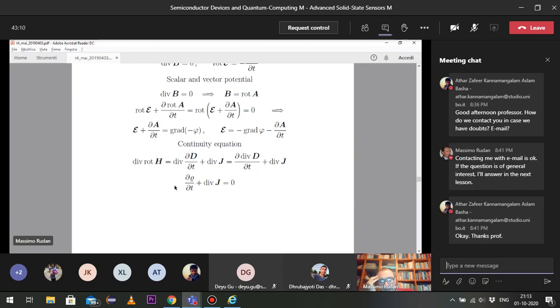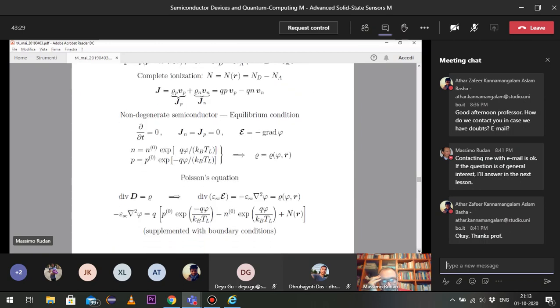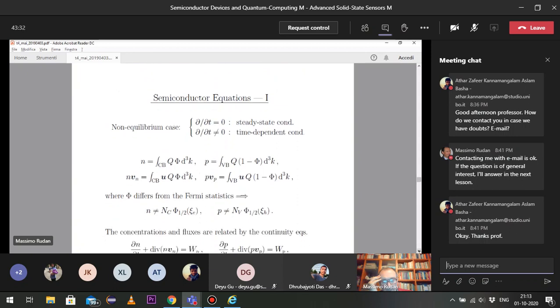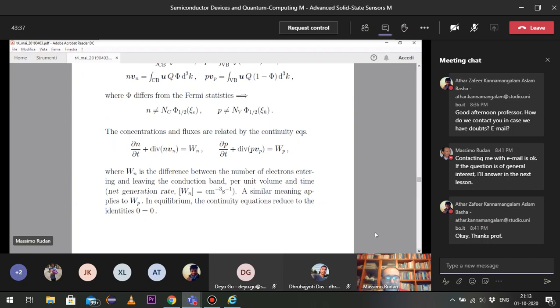So we give some name to the left-hand side and some name to the right-hand side of this equation, okay? So after all this elaborate analysis, what we do is that we split the continuity equation into two continuity equations that you see in the last line here of the page.